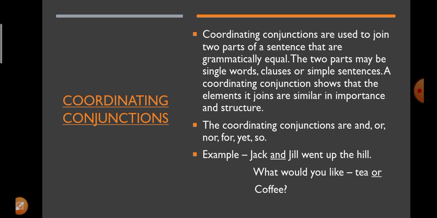Another one is that when a coordinating conjunction joins independent clauses, we generally use a comma before the conjunction. So, whenever these coordinating conjunctions join independent clauses, we are going to use a comma before the conjunction.